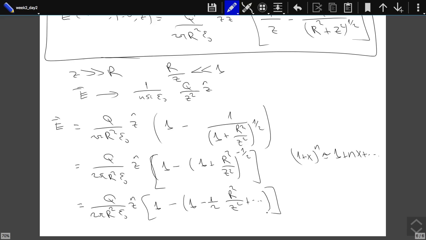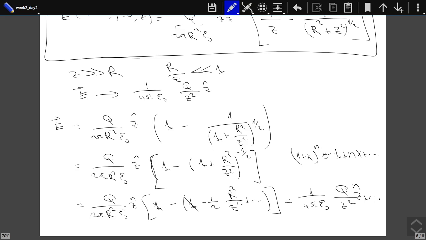Well, this 1 will cancel this 1. I have minus 1/2 times minus, which makes plus 1/2, and 1/2 times 1 over 4 pi. I have 1 over r squared over here, which will cancel that 1 over r squared over there. So this is equal to 1 over 4 pi epsilon 0 q over z squared in the z hat direction. Plus, there are other corrections in this expansion.